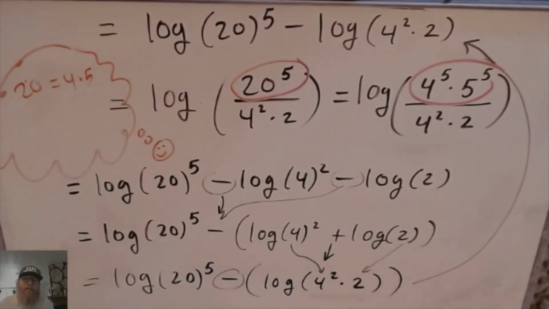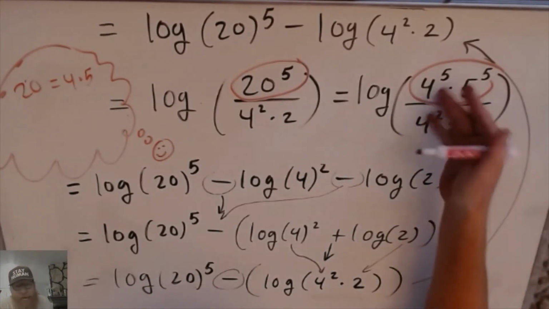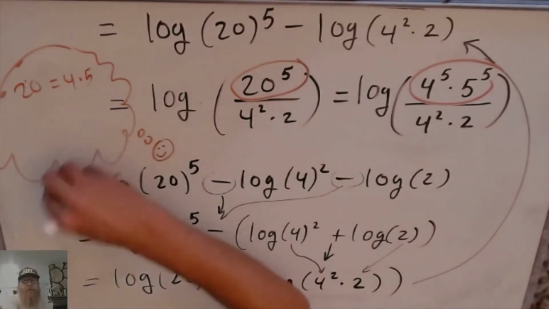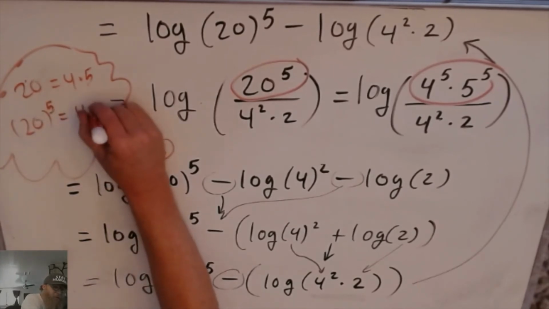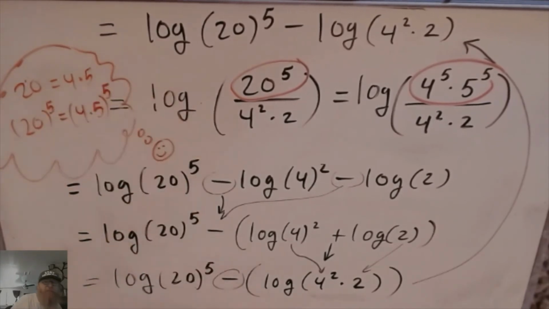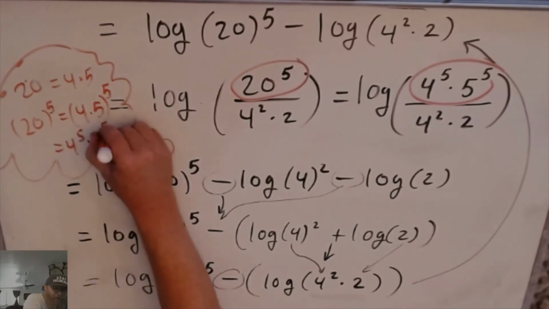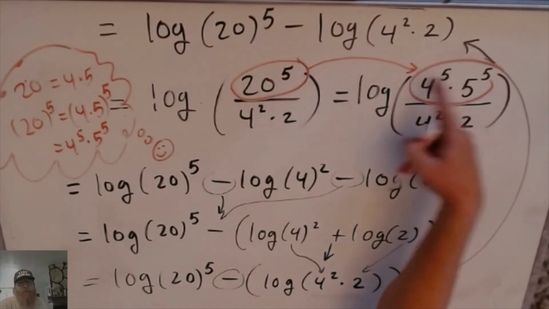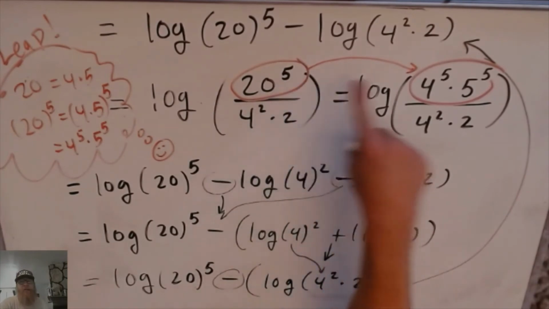I know 20 is also 2 times 10, but look at my problem. I have a 4. So, go with what you got. If I would have had a 10, then maybe I would have done 2 times 10. But I've got a 4 here, so I'm going to do 4 times 5. So 20 to the 5th is 4 times 5 to the 5th, which is 4 to the 5th times 5 to the 5th. And so that's how I was able to make that leap from 20 to the 5th over to there.